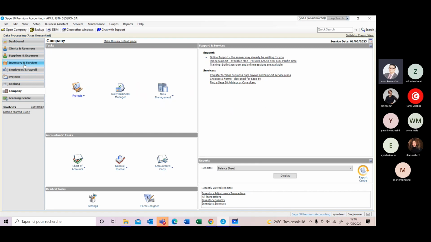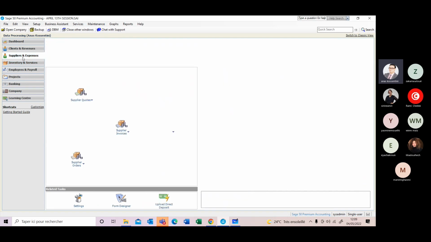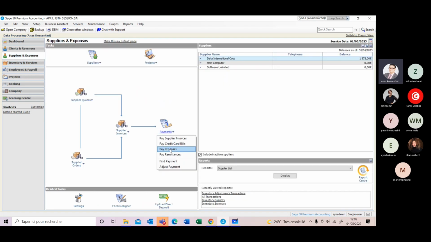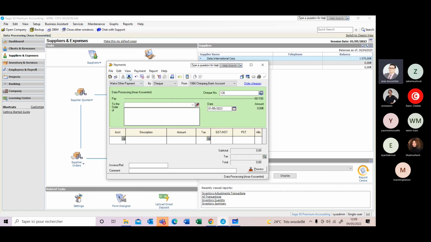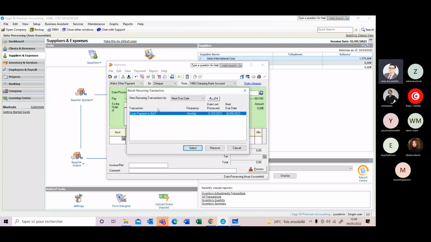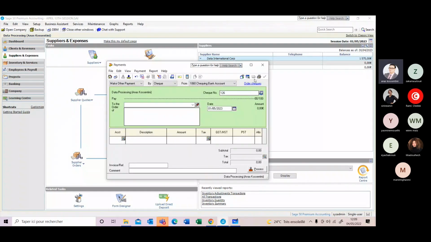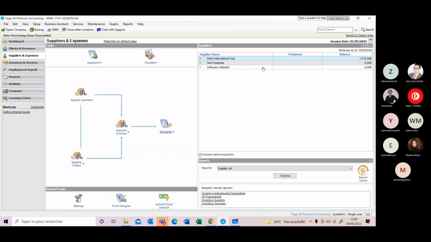We go to the supplier and expenses, we have a recurrent transaction in the payment expenses, this loan payment. From here I can remove it, right? Make sense? Yes. Thank you, sir. You're welcome.